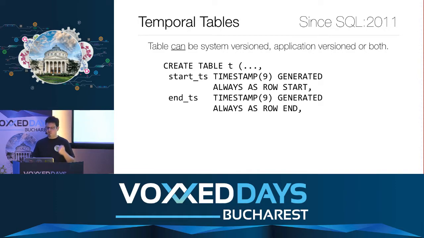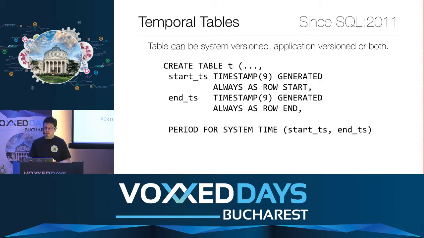And you have to say generate always as, which means database, please fill it for me. Generate always as row start and row end. Then you combine these two columns into a logical unit called period. Others call it interval. In SQL we call it period. So we say this is now an interval from here till there.